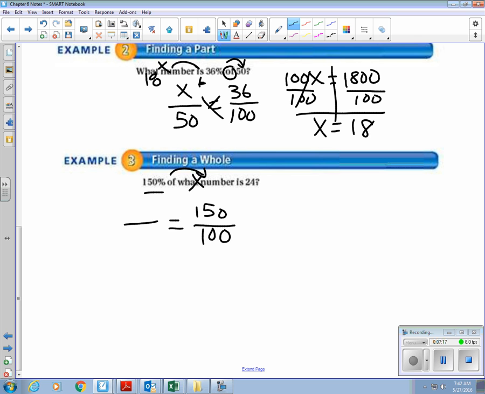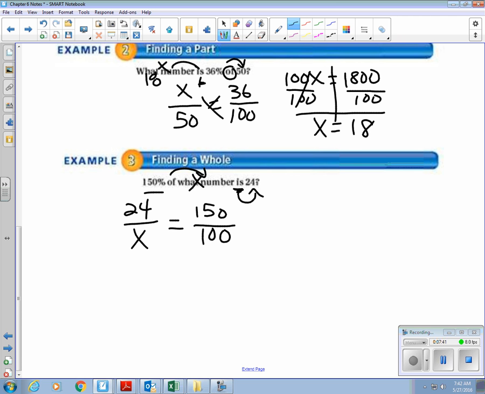So what number represents the whole amount this time, because it's connected with "of", which means it goes in the denominator of our ratio. "Is" tells us the part, which is 24. So that goes up in the numerator. So we're trying to figure out what number 24 is worth 150% of?